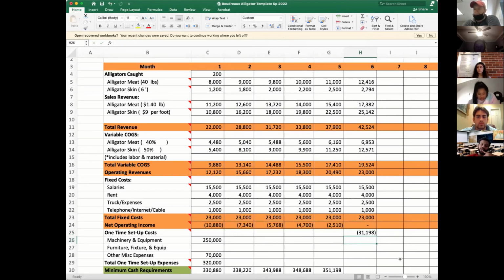Boudreaux says he lost $31,198, right? So he needs that 31,000 plus that 320. He's showing him exactly what he needs the money for and how he's going to use it.